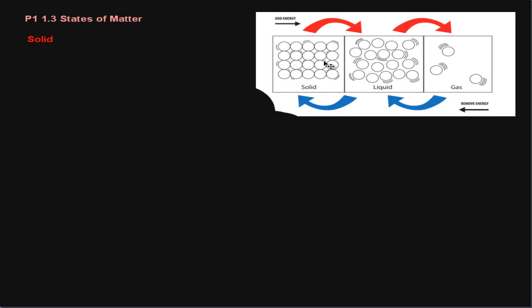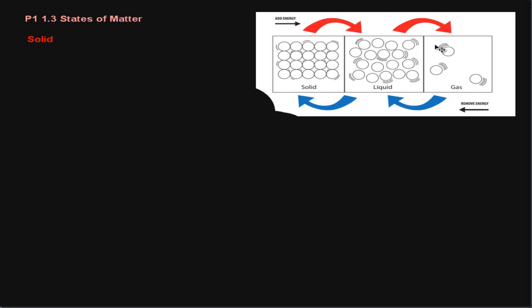And if we give even more energy and it turns into a gas, it has loads of energy, which far outweighs the pull between the particles, and they will fly off from each other.